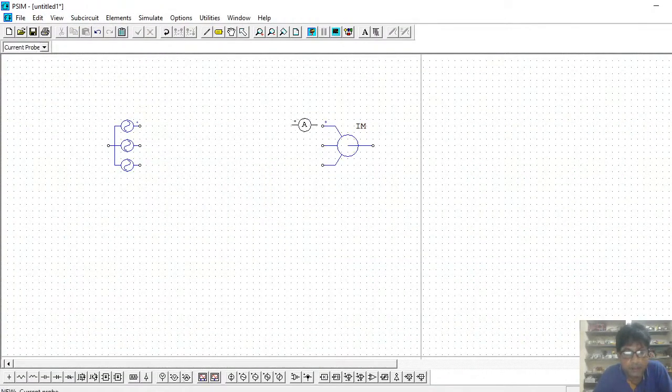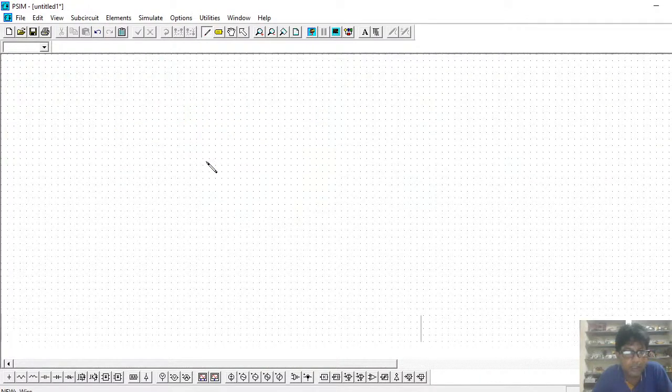And these are the things through which you can get the phase current. And this is the voltage sensor. You can put it here, and this will give you the voltage. You join it like this.